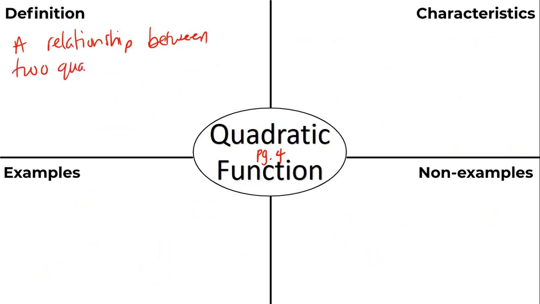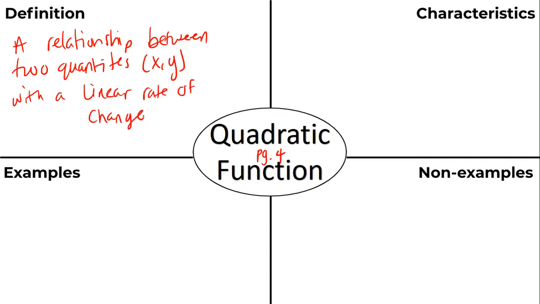And what are those two quantities called? X and Y. Good old X and Y. And this time, though, it's with a linear rate of change. So instead of a constant, we have a linear rate of change.